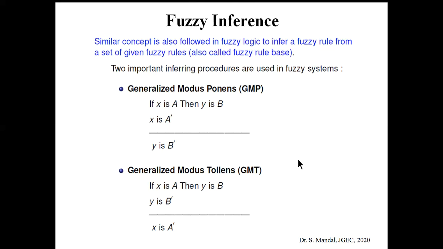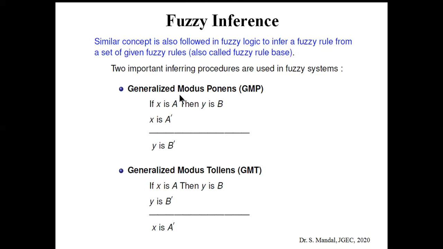That means how can we infer a fuzzy rule? So fuzzy inference means that if some kind of rules are provided, then for a particular condition, what will be the output? So this one is the fuzzy rule.